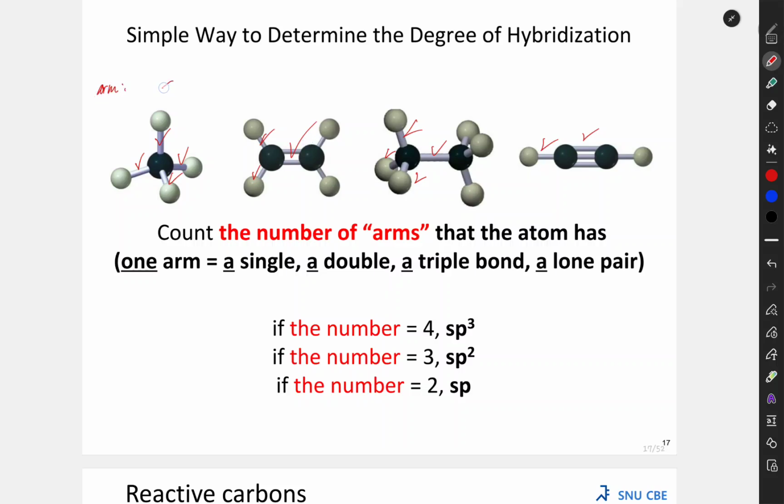So one arm can be one single bond, or one double bond, or one triple bond, or one lone pair. So you need to be careful about the unit here.